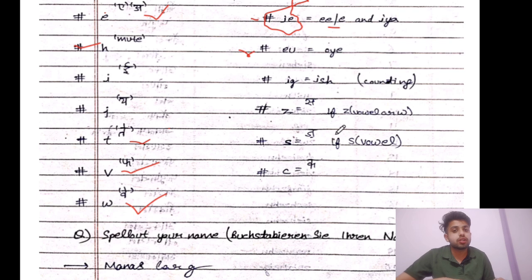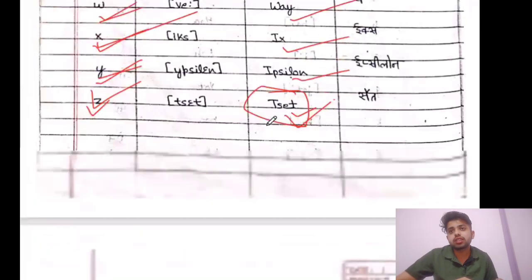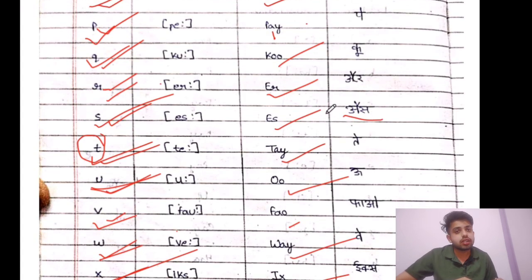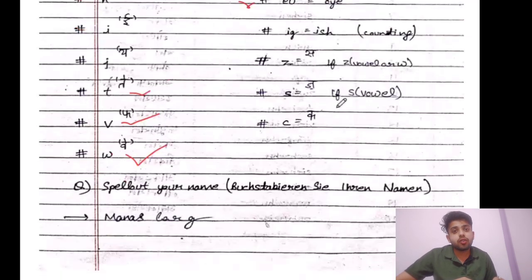S is pronounced as J. If S is followed by a vowel, meaning if the very next alphabet is a vowel, then you pronounce S as Z. Otherwise, you have to pronounce it as S. But if its next alphabet is a vowel, then you have to use J, not S. And C is pronounced as K. Okay.